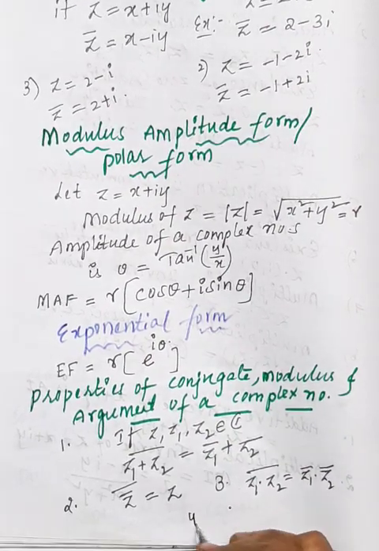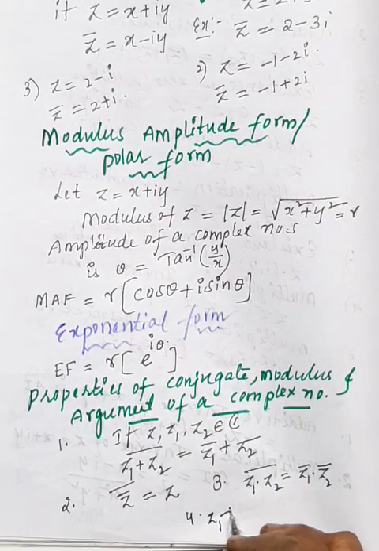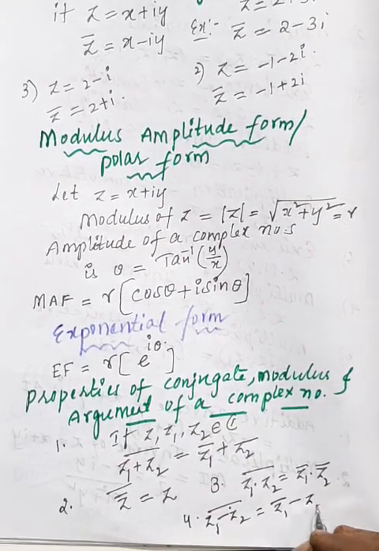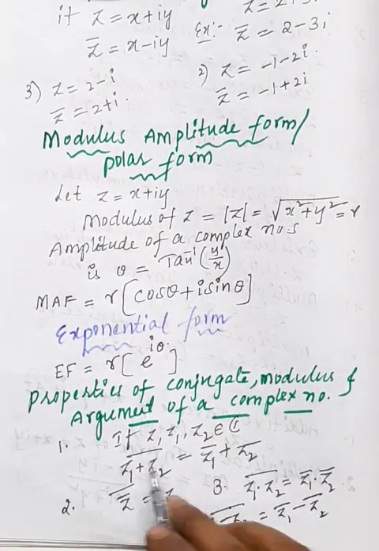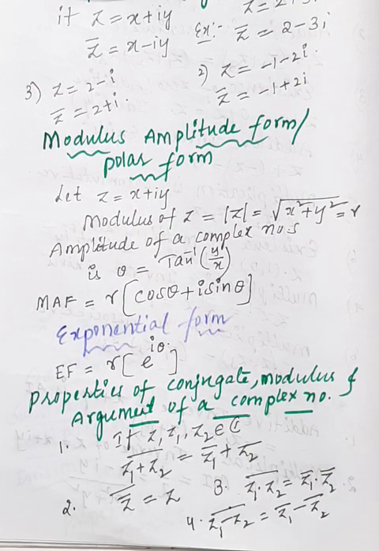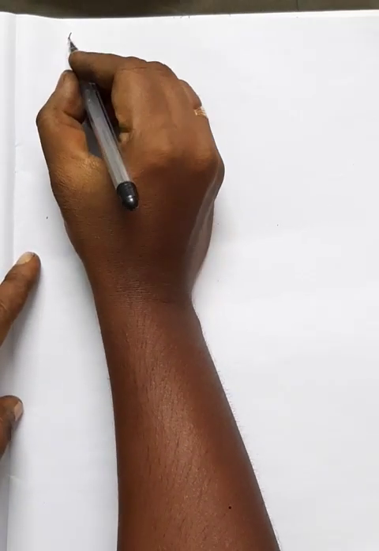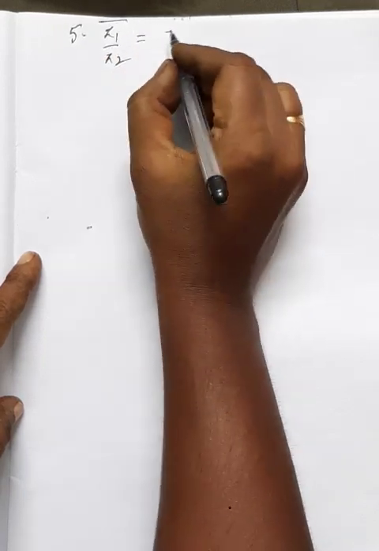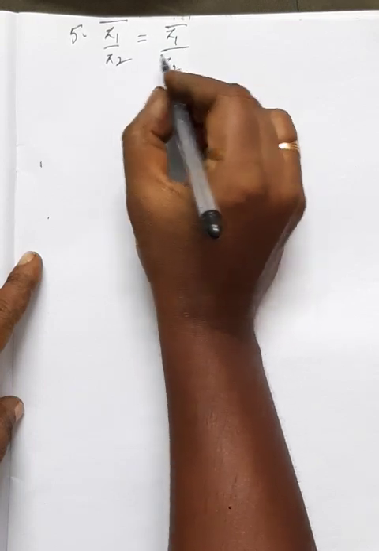Similarly, fourth one is z1 minus z2 whole conjugate is equal to z1 conjugate minus z2 conjugate. So addition, subtraction, multiplication, same property: if there is plus we write plus, if there is minus we write minus, if there is into we write into, but the conjugate is applied separately. Similarly, let us also see division. Fifth property is z1 by z2 whole conjugate is equal to z1 conjugate divided by z2 bar.